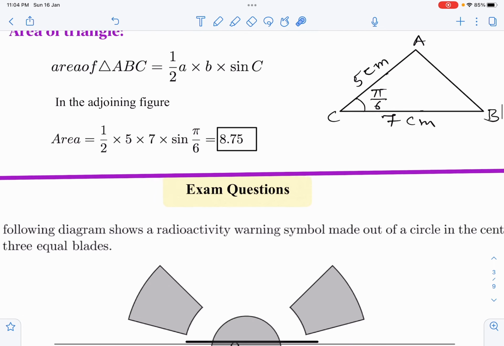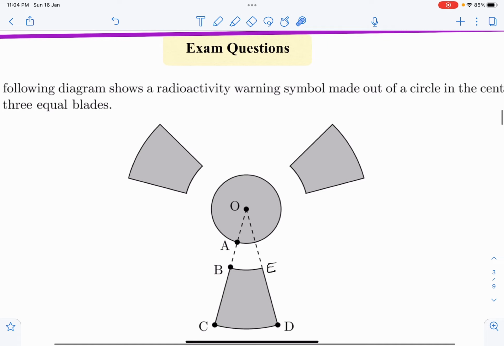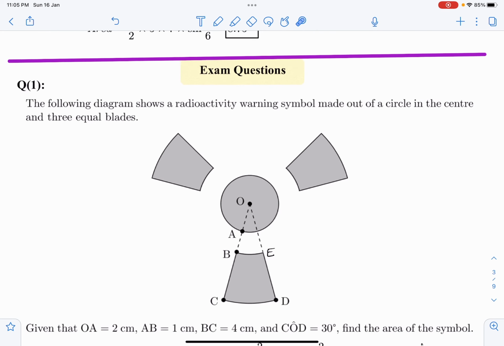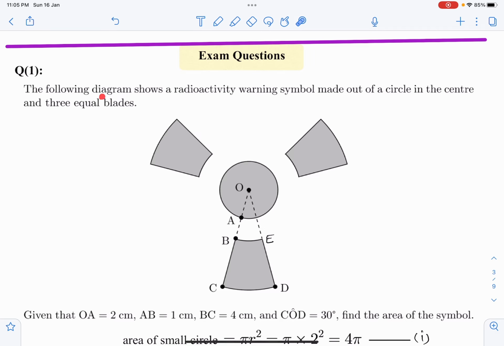Okay then. So let us start exam questions now onwards. So this was the figure given on the front page also and on my thumbnail also. Now look here. This is a past paper question. It says that the following diagram shows a radioactive warning symbol made out of a circle in the center and three equal blades.